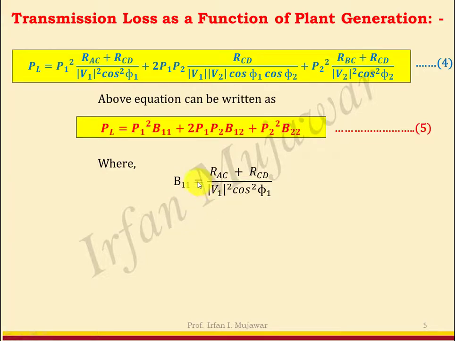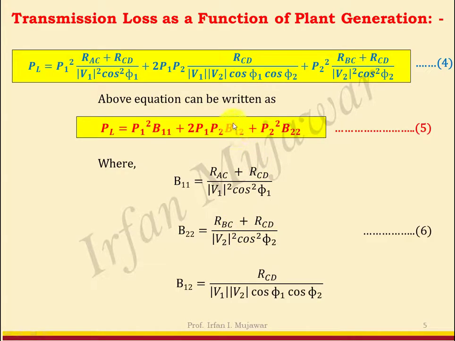So B11 equals RAC plus RCD divided by V1 square cos square phi 1. B22 is RBC plus RCD divided by V2 square cos square phi 2, and B12 is nothing but RCD divided by V1 V2 cos phi 1 cos phi 2.